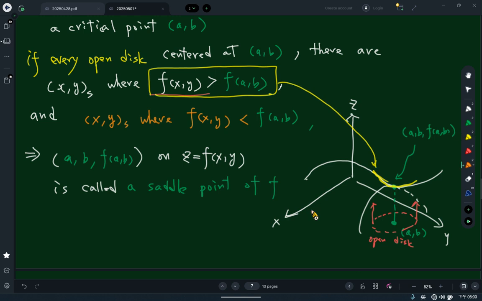But in this direction, the neighbor points are less than. So for every open disk, part of them map to points where f of AB is the largest one, but part of them in this direction, f of AB is the minimal one. Then we will say this is the saddle point.